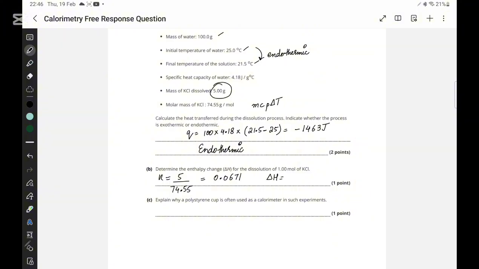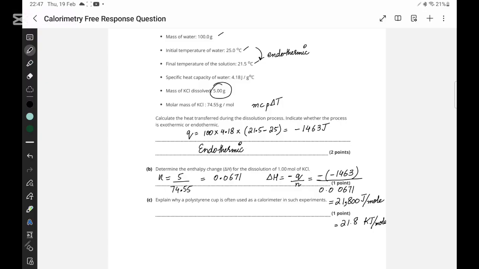ΔH is going to be minus Q over n, that is minus 1463 divided by 0.0671, which comes out to be 21,800 joules per mole, and that is 21.8 kilojoules per mole.